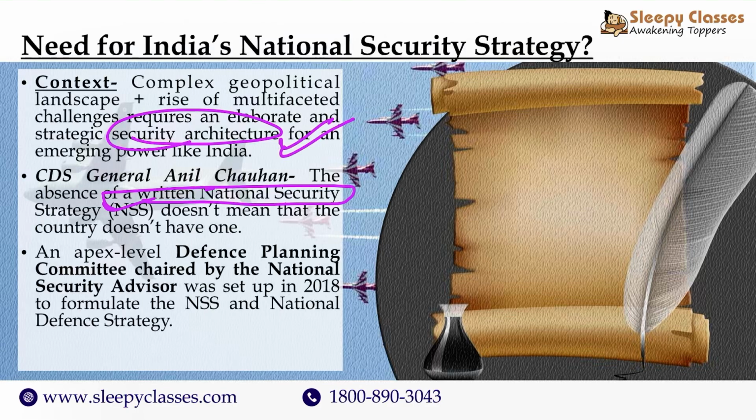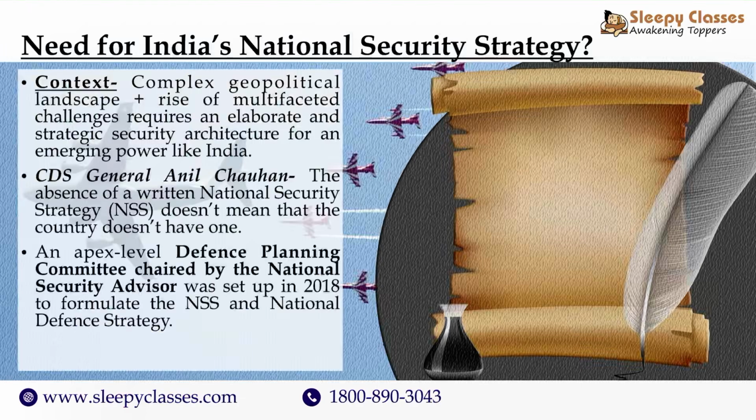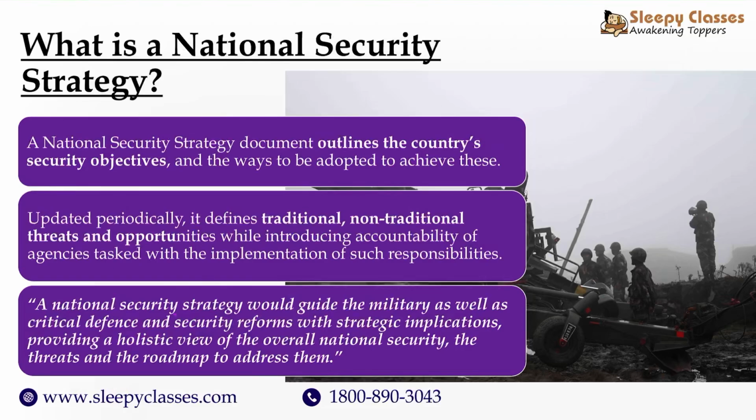In fact, this is something a lot of people also comment on: there have been attempts made in the past. As recently as 2018, a Defence Planning Committee was formed, chaired by our NSA Ajit Doval, to formulate the national security strategy and the national defence strategy.